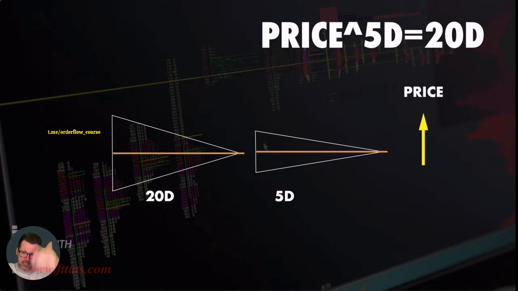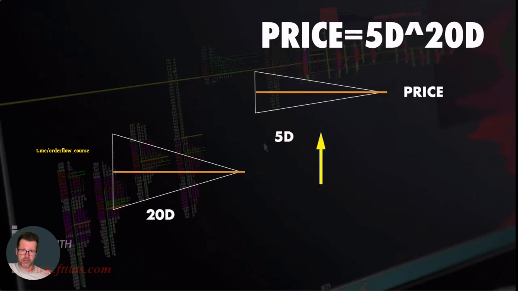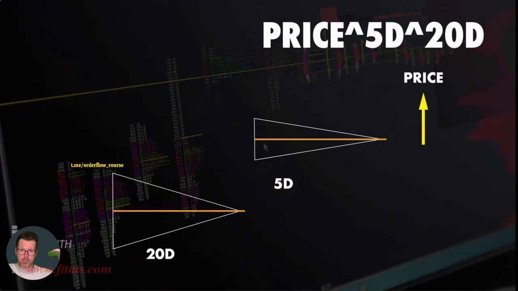And in this case, to the upside, that could be price above the 5-day, which is equal to the 20-day. If that auction matures and is able to accept itself, the 5-day will come up to price. So now the price is equal to the 5-day, but above the 20-day. And then if price continues from there, then we get price above the 5-day and 5-day above the 20-day. This is what we call an auction extreme.